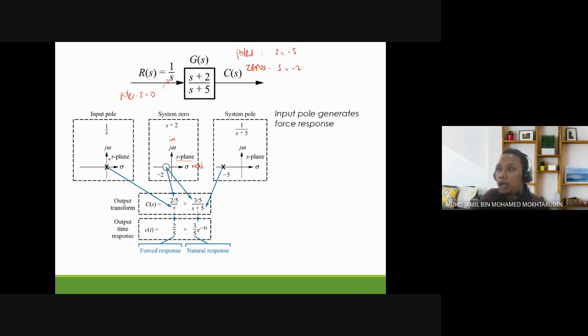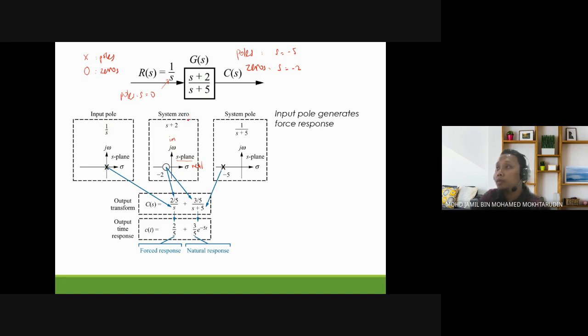So you can plot on the s-plane the input pole at 0 here. Usually we represent poles as X and zeros as a circle.